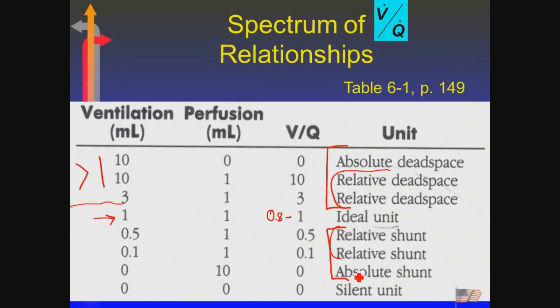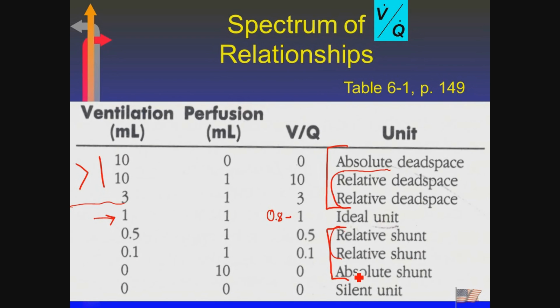Where a relative shunt means, as the name implies, the degree to which the shunt is present is the degree to which how many alveoli aren't being ventilated. We said that absolute shunts are totally refractory, where a relative shunt, it's refractory, but it's related to how many units you have that are involved.